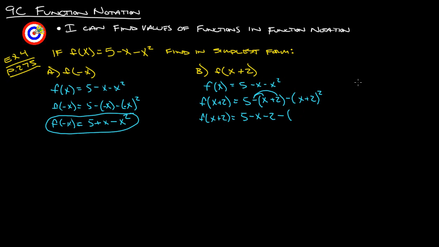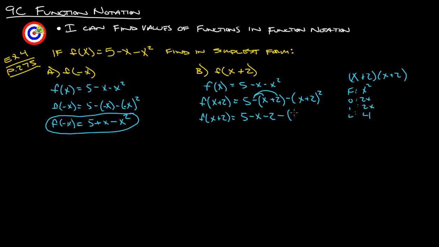Now again, you got to actually FOIL this x plus 2 squared out. So x plus 2 times x plus 2. You got to FOIL it or stack it. Alright, x times x is x squared, x times 2 is 2x, 2 times x is 2x, and then 2 times 2 is 4.